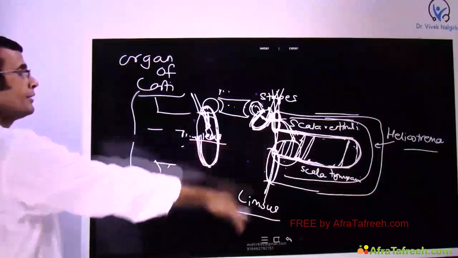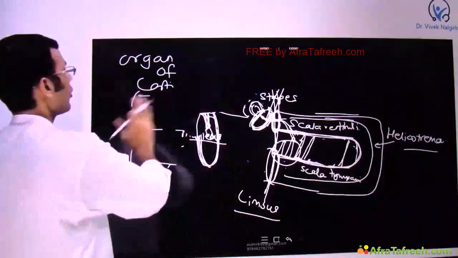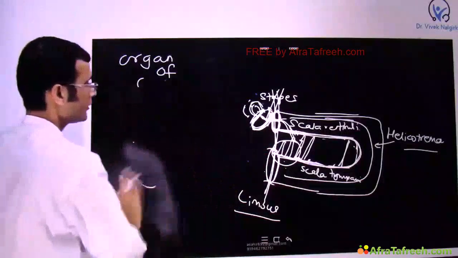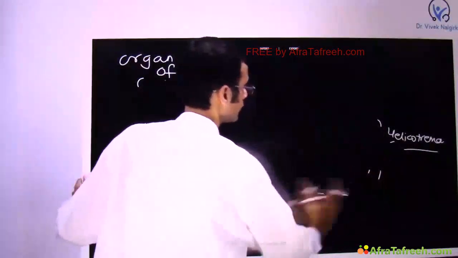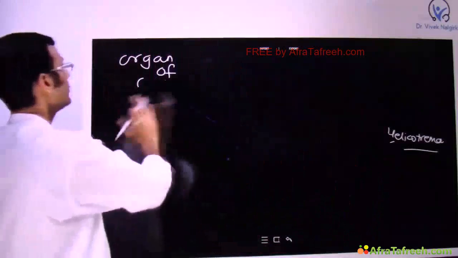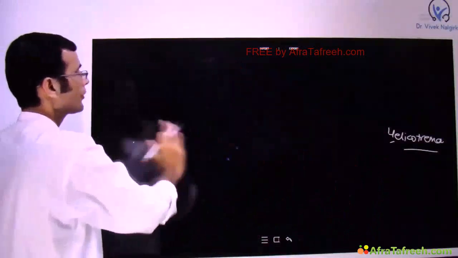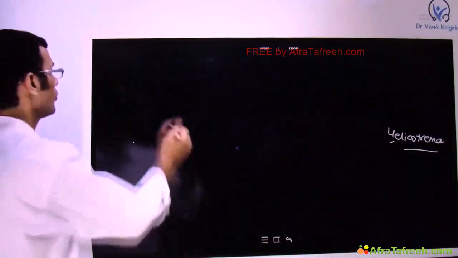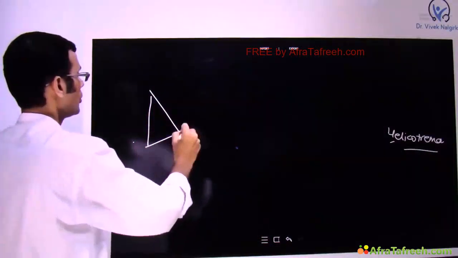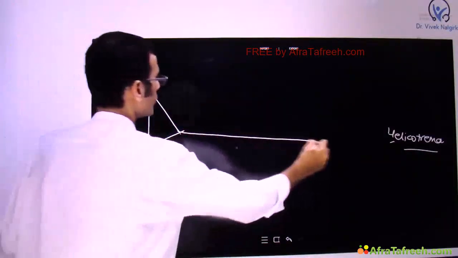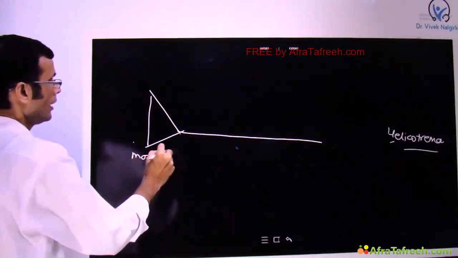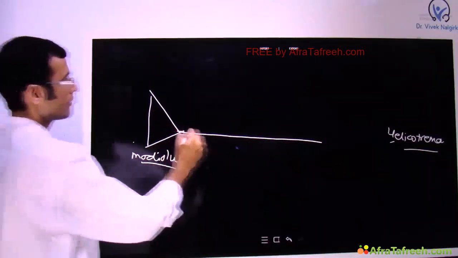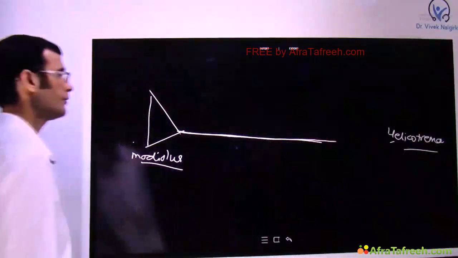On those basilar fibers, there is the organ of Corti, which is the organ for hearing, which causes transduction of sound. The pressure wave will be converted into electrical potentials by the organ of Corti. So here is a bony center of the cochlea, the modiolus, and the basilar fiber arising from it.